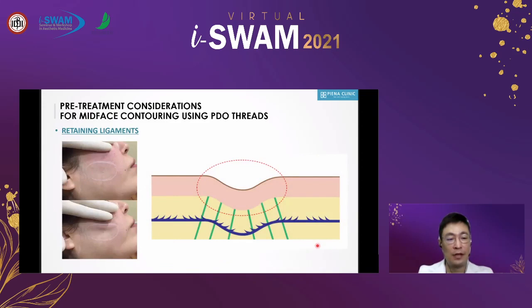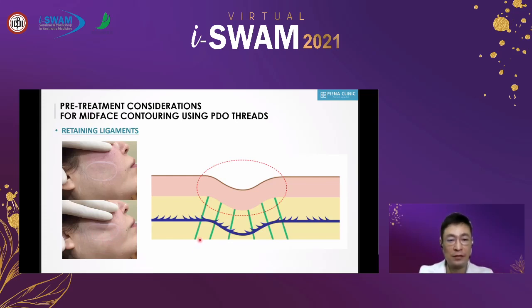The basic insertion depths of the cog, as I already mentioned during the video playing, please check before starting treatment if the patient has very thick and tight retaining ligaments. If there is already a sunken cheek due to too tight retaining ligaments, you should inform your patients about the presence of the sunken cheek, because it may not be corrected after lifting, or sometimes it may look a little worse than before.